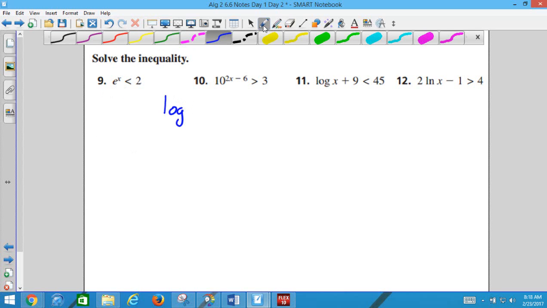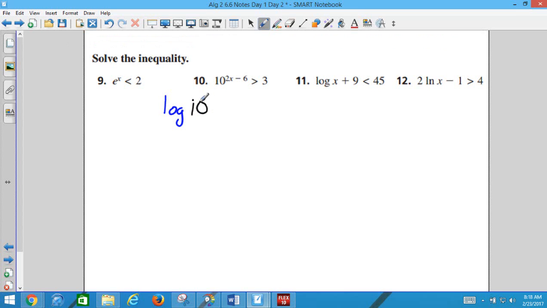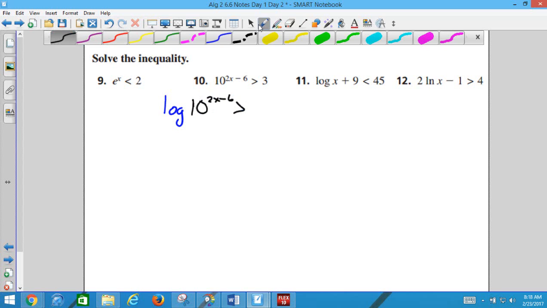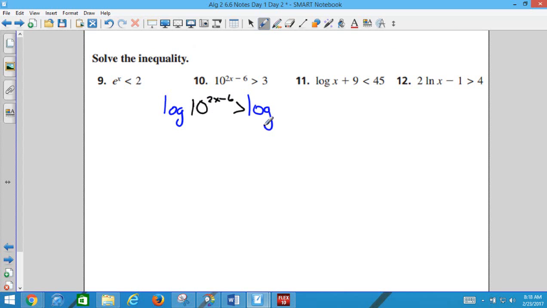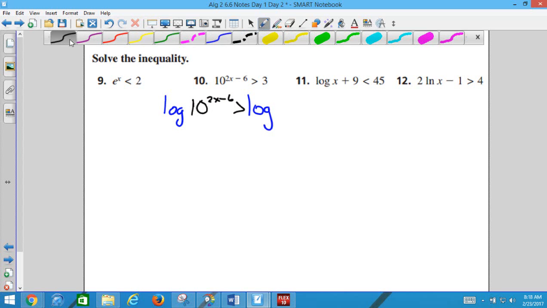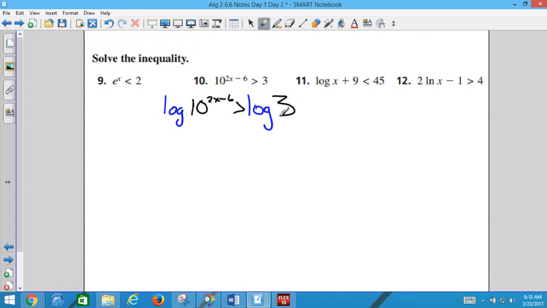So we're going to do log base 10 to both sides. So we're going to do log base 10 of 10 to the 2x minus 6 greater than log 3. So you do log to both sides. The biggest thing that I see when I'm helping people is we're not doing the same thing to both sides. That's like the biggest mistake I see.